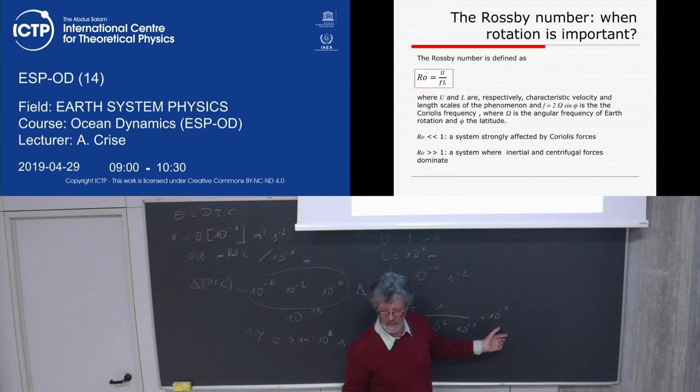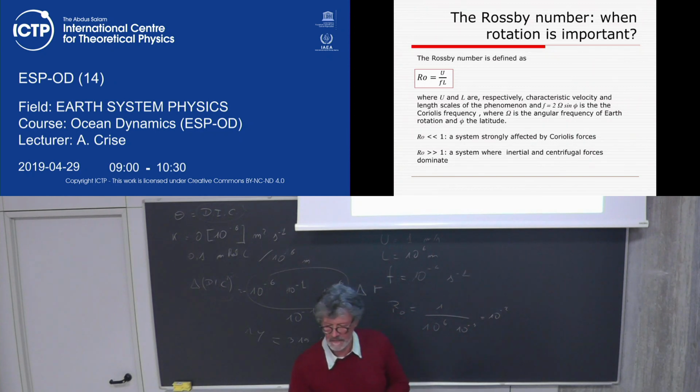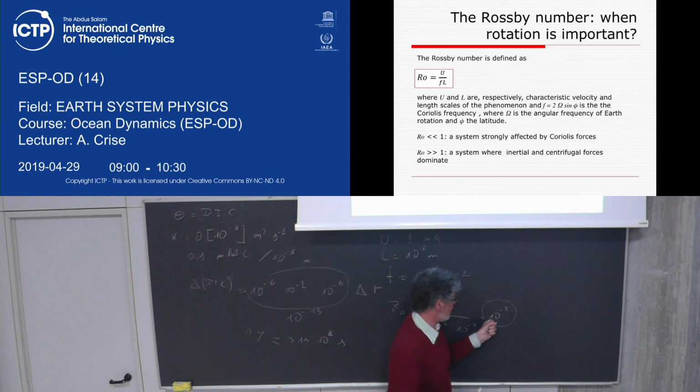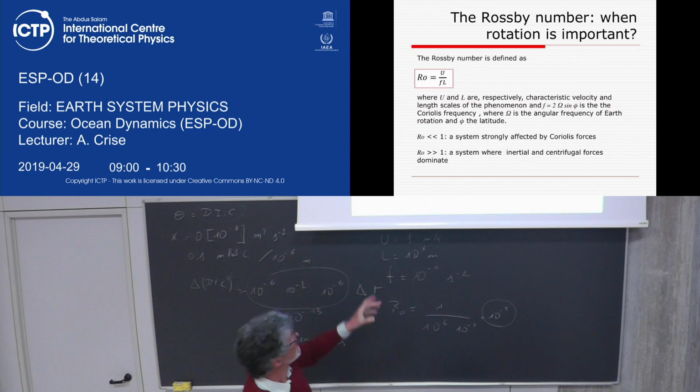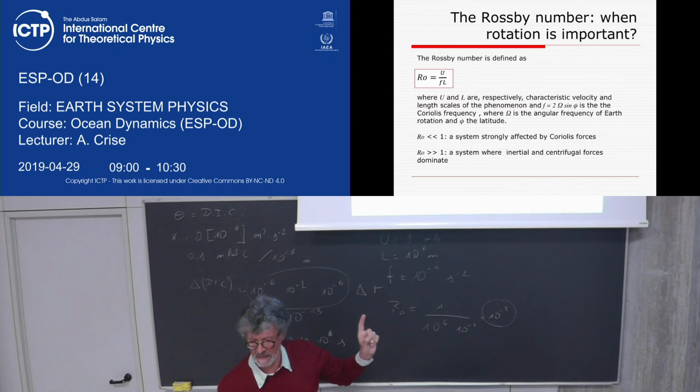There's no meaning to be more precise. This is a very fast back of envelope calculation, but whenever you have this number, and whatever is the number that could multiply it, we know that in this case, f is important.